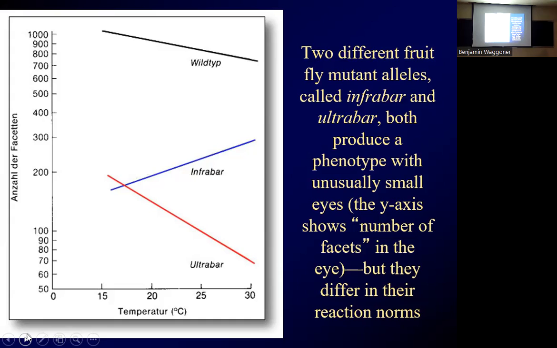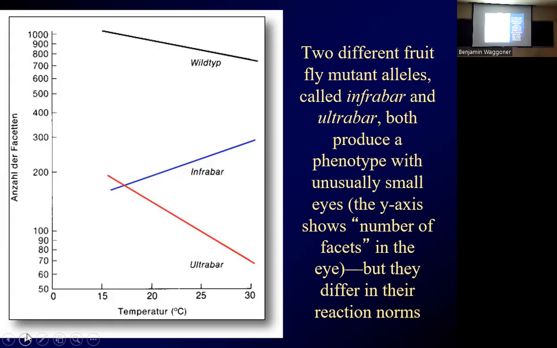But the difference is that if you grow infrabar at higher temperatures, you get more facets. If you grow infrabar flies at 30 Celsius, you get about 300 facets. If you grow ultrabar flies at 30 Celsius, you get maybe 60. So what's the difference between infrabar and ultrabar?